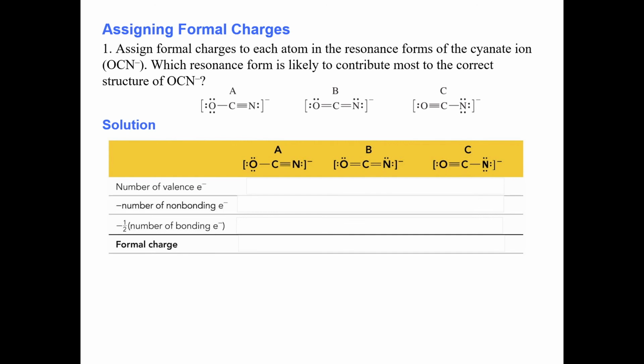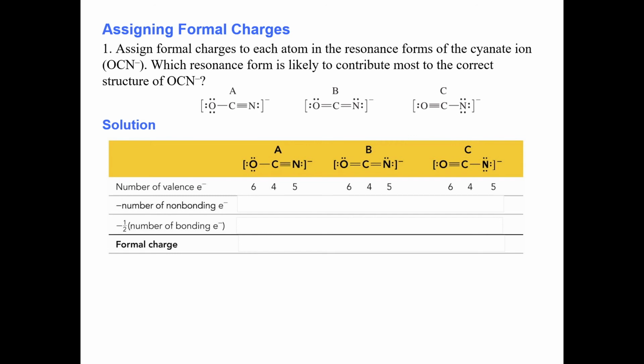So it's probably easier to set up a table. Again, don't forget the formula for formal charge. If you haven't memorized the number of valence electrons for oxygen, carbon, and nitrogen yet, make sure that you take a look at the periodic table. So here are those values. Next, we got to figure out the number of non-bonding electrons.